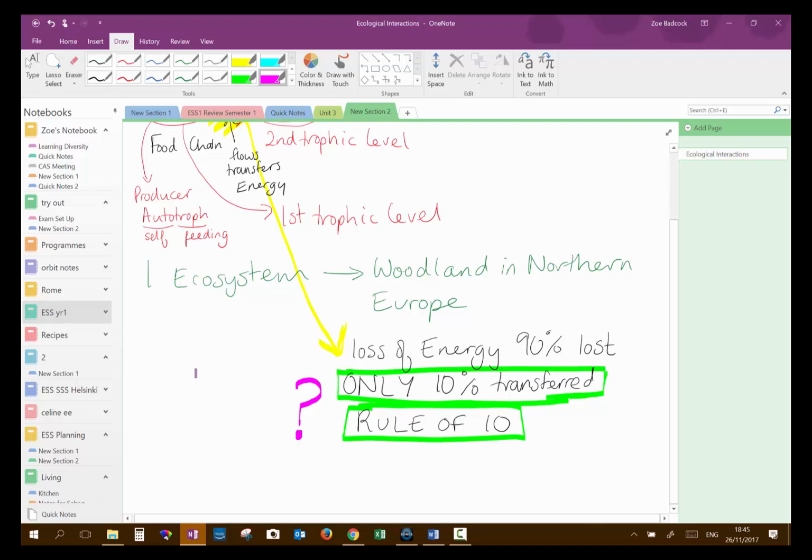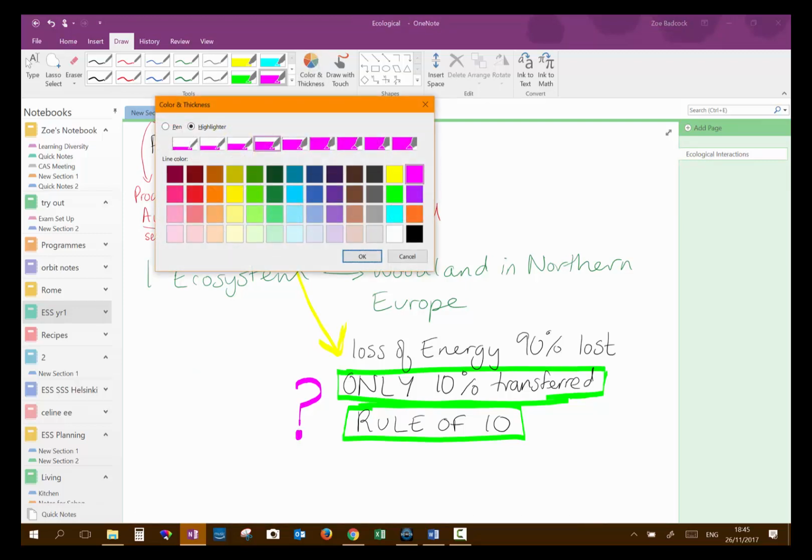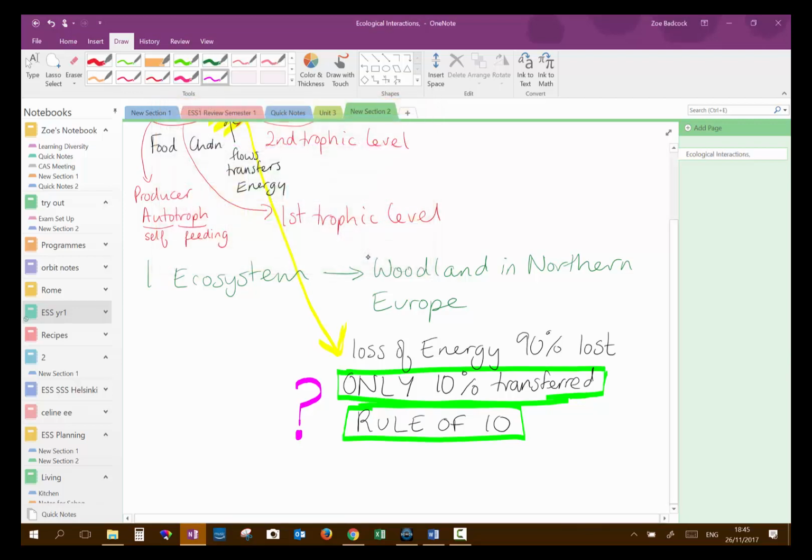Well, we've got the first and second law of thermodynamics.